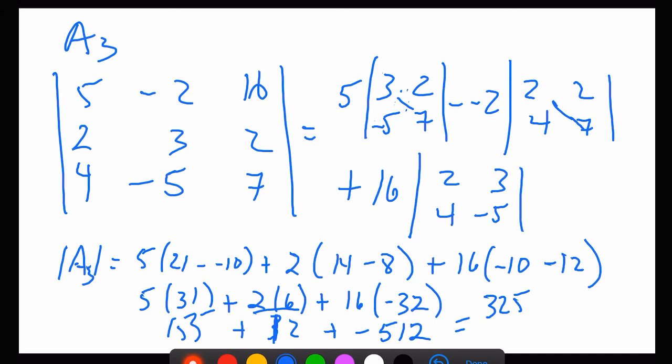So try 345, and that's still wrong. So what did I do wrong the second time? Minus 10 minus 12 is 16 times 22 is 3. How did I get 512?